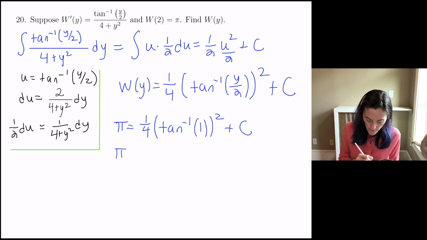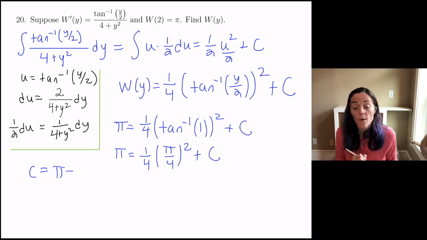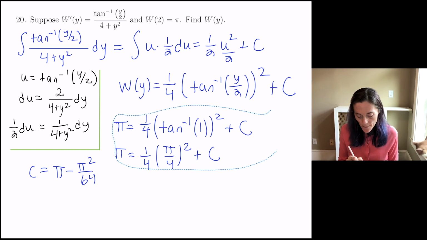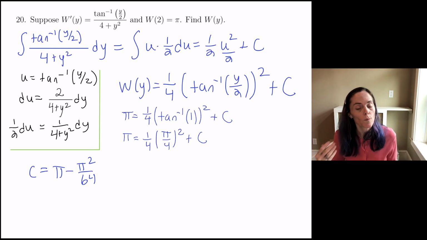So let's evaluate. Have pi over 4 squared. And now you can see my constant c is pi minus, here we have pi squared over 16 times 4, which is pi squared over 64. My goodness. You see, I mentioned this would be a bit intricate, although none of the steps are too bad.